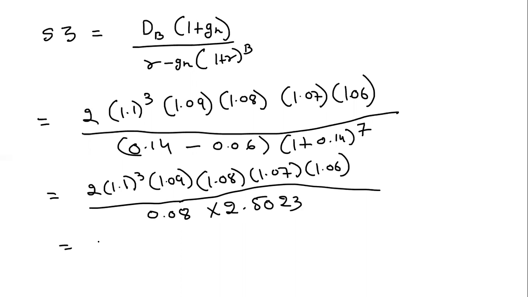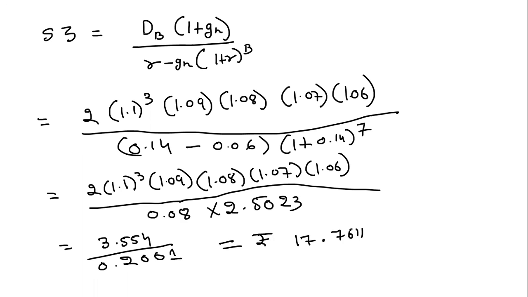If you multiply the above, we get 3.554, divided by 0.08 into 2.5023, so we get 0.2001. After this, we get rupees 17.7611.